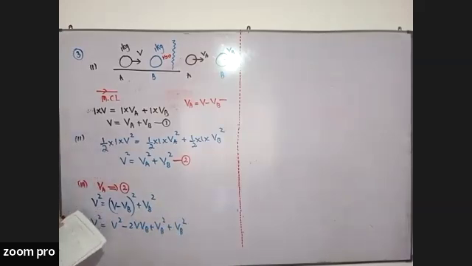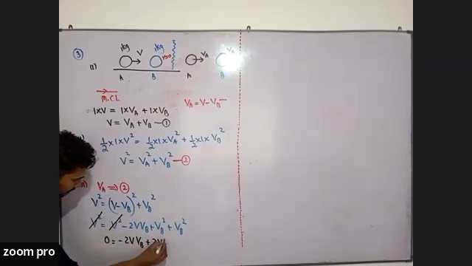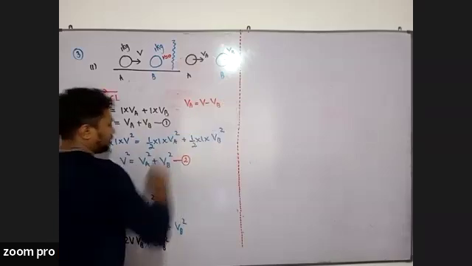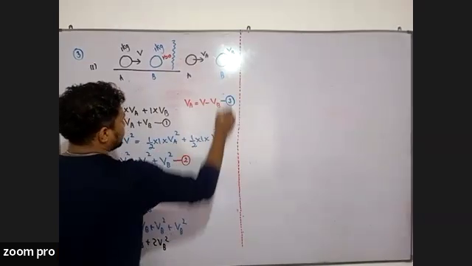So these two can be cancelled, and 0 equals minus 2V VB plus 2VB squared. Let's consider this one as the current equation.